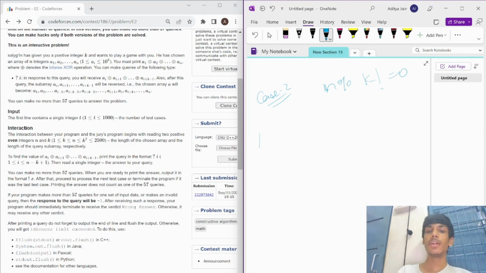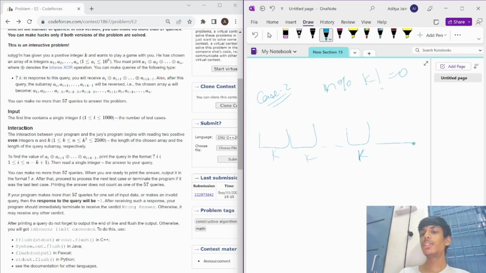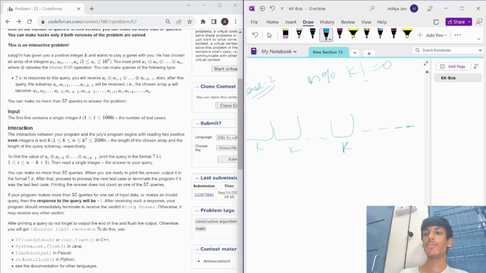That means you will make a segment of length k, another segment of length k, and another, then you have some numbers left. Clearly the number of numbers left will be less than k, that is n percent k.